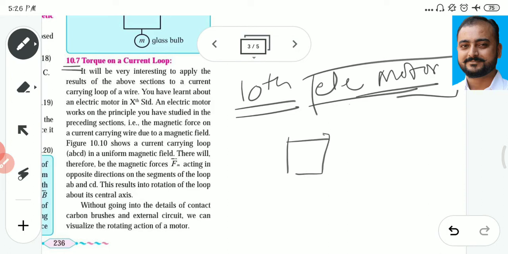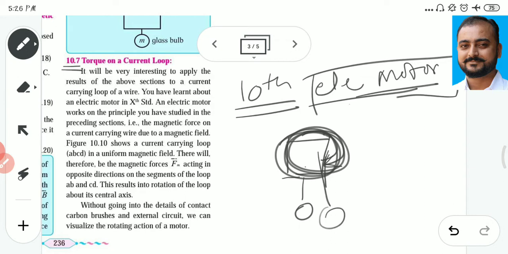This loop is connected to the shaft, and as the loop starts to rotate about itself, the shaft rotates, and we say the motor works. That is simply the working of a DC motor. So we have to consider this DC motor in this case.